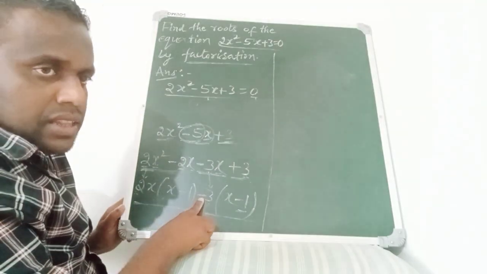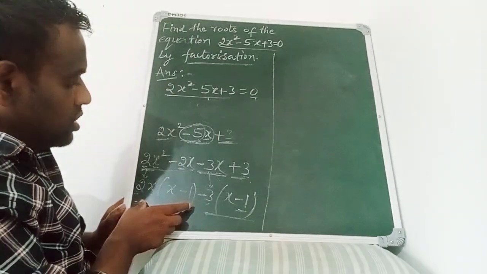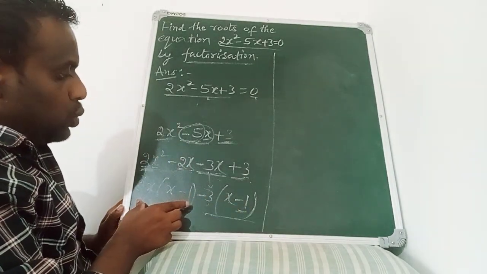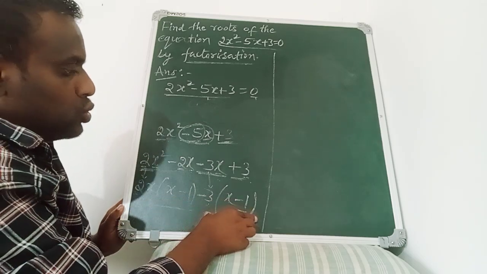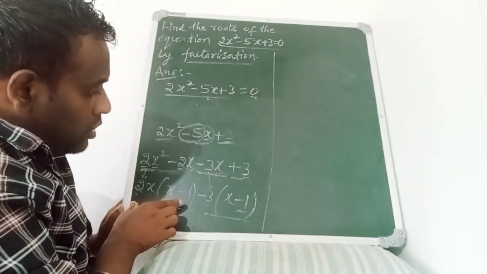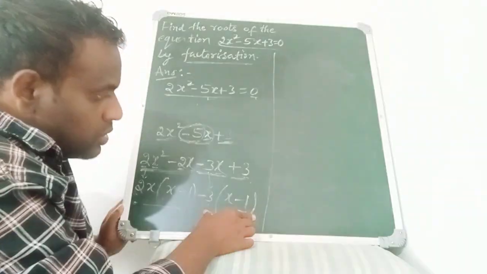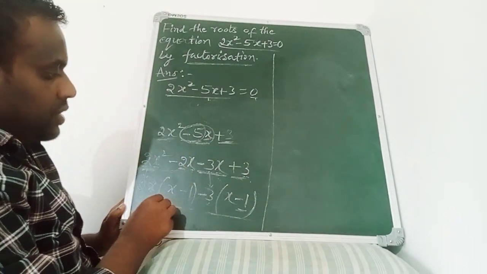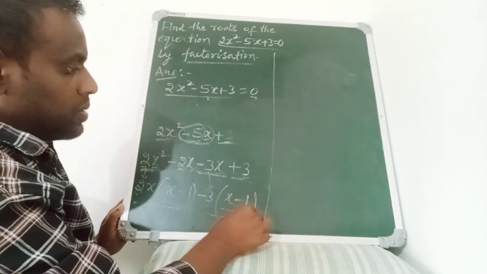See, this minus sign separates this one term and this one term. Now we have two terms. This is one term, this is another term. In these two terms, what is common? x minus 1 is common. So here also x minus 1, here also x minus 1.